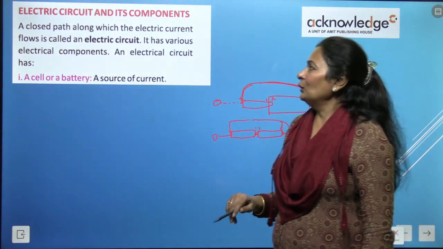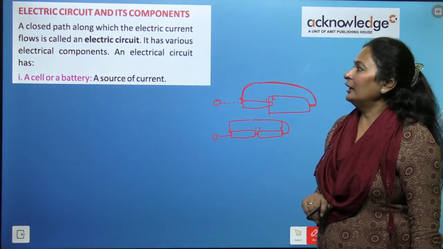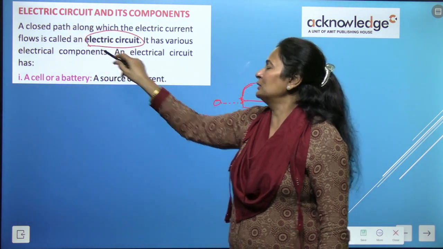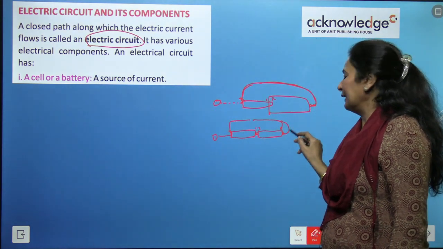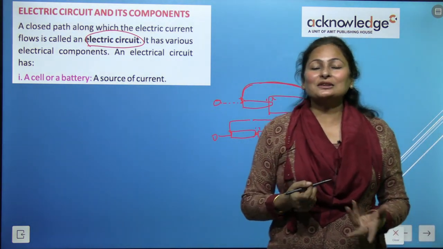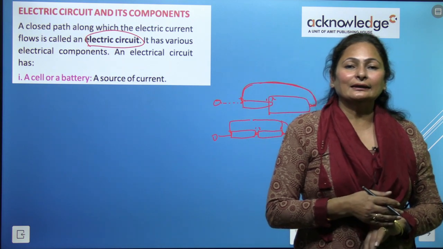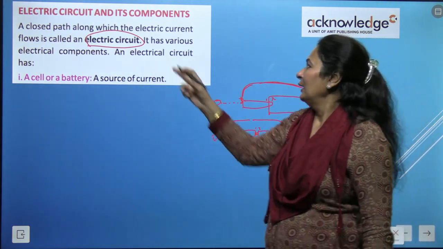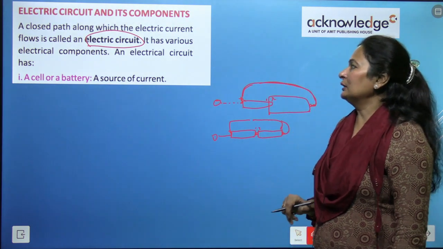So a closed path along which the electric current flows is called an electric circuit. This is the circuit. A closed circuit allows the electricity to pass in it. It has various electrical components.